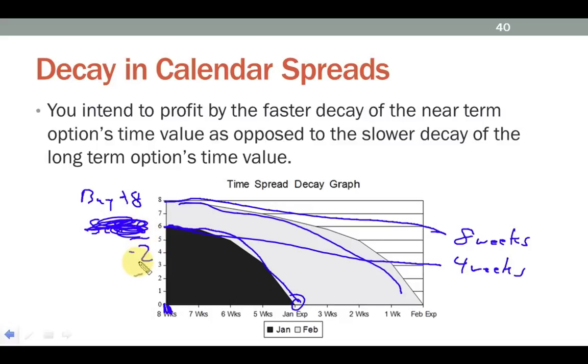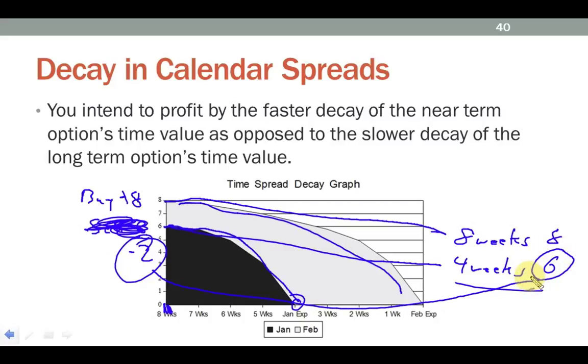And you paid $2 for the spread, but then the $8 option is not going to be worth $8 anymore. After about a month, it becomes worth what the 1 month option is going to be worth. Like an 8-week option after 4 weeks becomes the 4-week option. So it drops from $8 to about $6. You paid $2 for this spread. The spread is now worth $6.